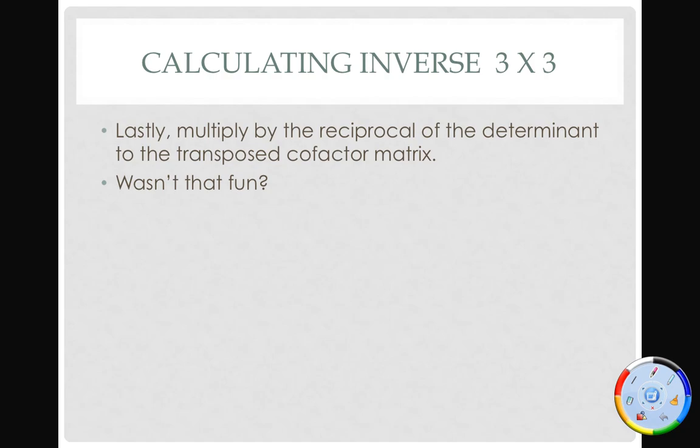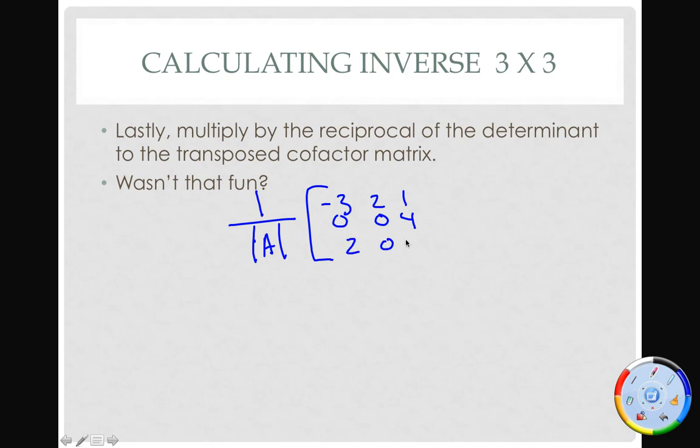So you find the determinant of A: 1 divided by the determinant times the matrix -3, 2, 1, 0, 0, 4, 2, 0, -2. And that is going to equal A inverse.